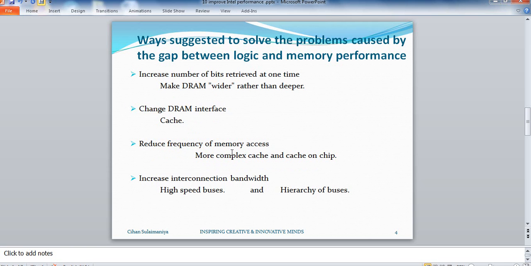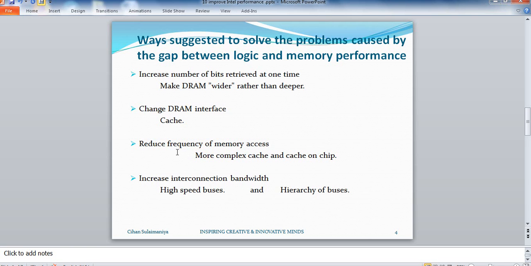Reduce the frequency of memory access, because the processor is very high speed, and memory speed is very slow compared to the performance of the CPU. This makes a problem. Maybe the memory will not catch the information coming from the processor, because the processor is too fast.